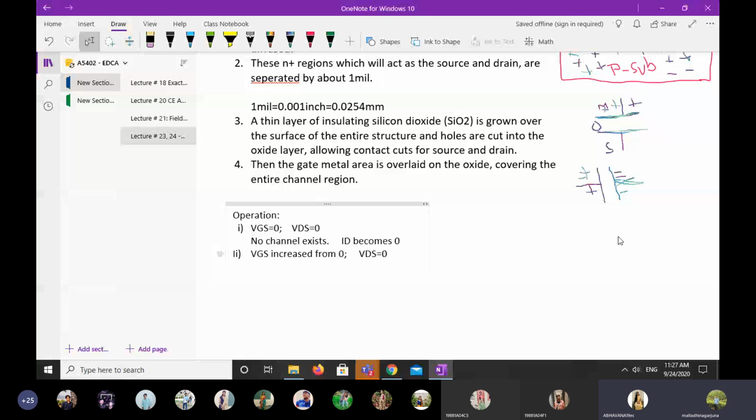Okay, so then when will it exist? To create a channel, what should we do then? Vds increased from 0. Vds is not 0. So to create a channel, Vds should be increased from 0, right?